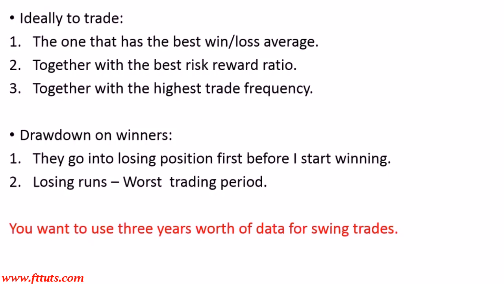Together with a good risk reward, it doesn't have to be 1:1, but 1:2 or more. And together with the highest trade frequency, meaning that you can get a trade maybe daily, or twice or 3 times a week. You don't have to just place one trade a month. So this is something like an ideal strategy to trade.